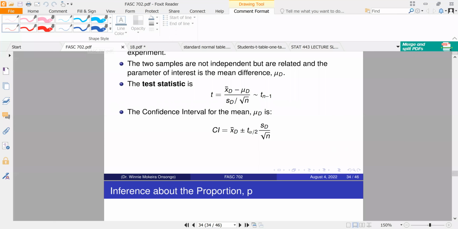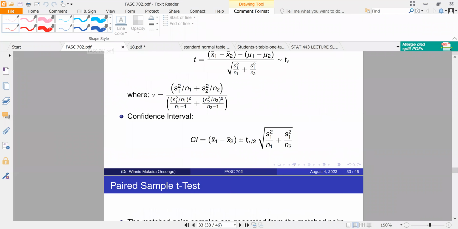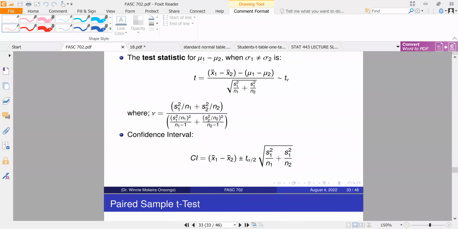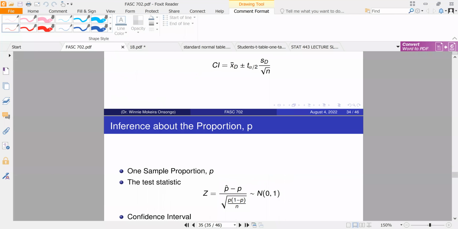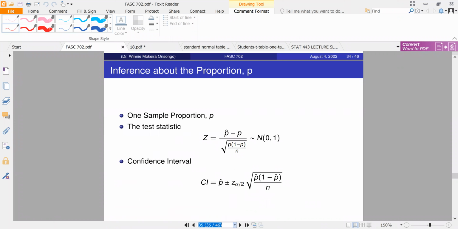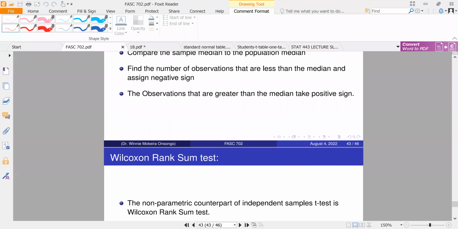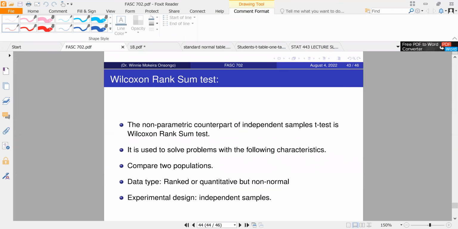The Wilcoxon rank sum test is a counterpart of these parametric tests. So you have two populations that have their own features. And now for you to be able to analyze that particular set of data, it's important that you use the Wilcoxon rank sum test.